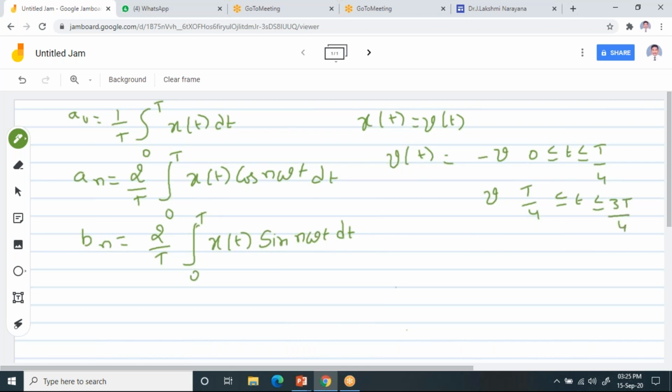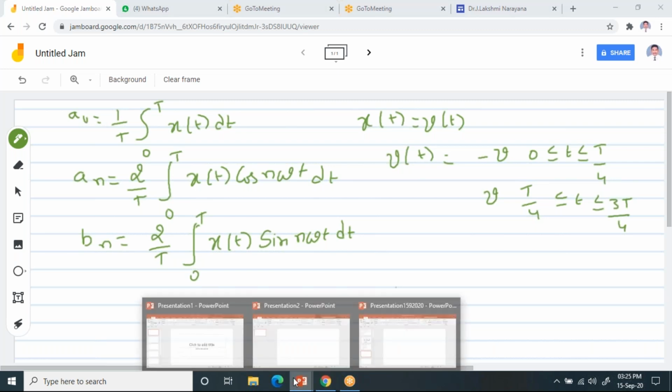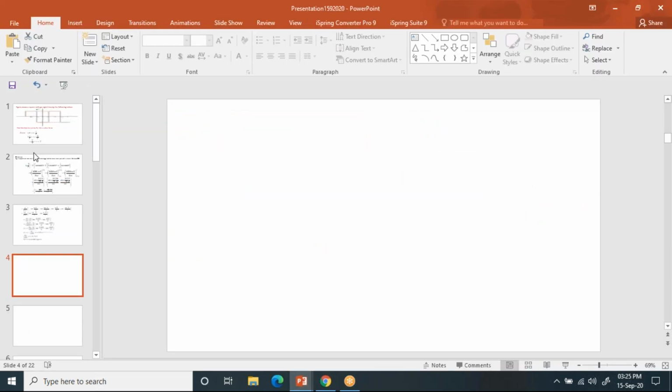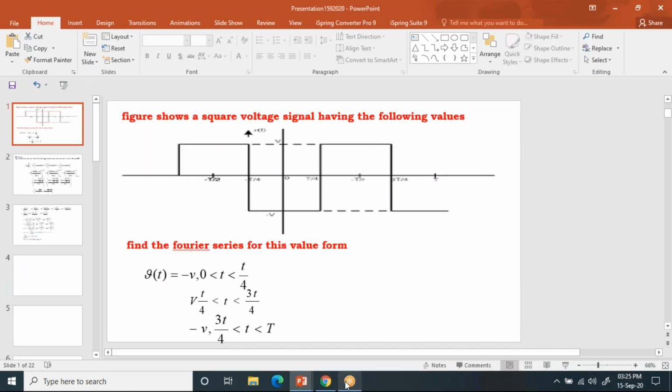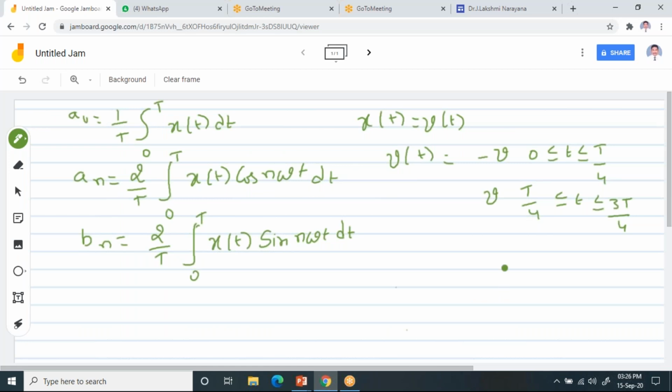Please try to understand how I have written this equation. From the waveform only I have written this equation. Already we discussed that. Just observe this waveform, you will understand that. So from this, I can write again it is minus V from 3T by 4 less than or equal to t less than or equal to capital T.